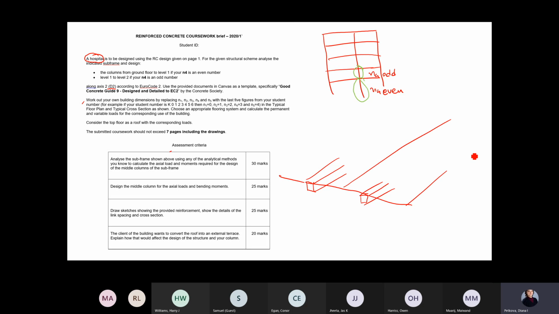We talked about how we can calculate the loading from the slab so we can analyze the beam.